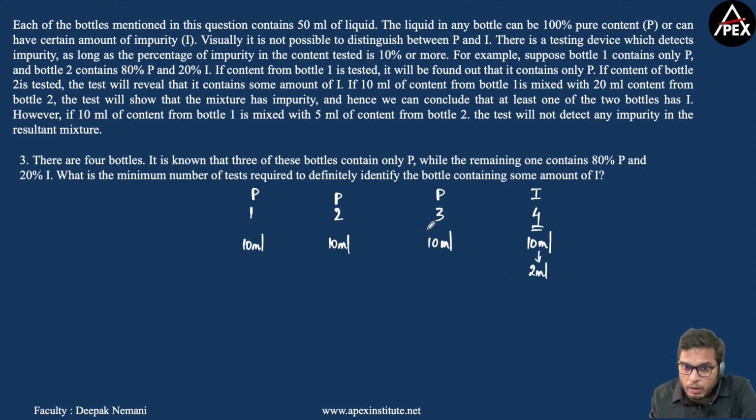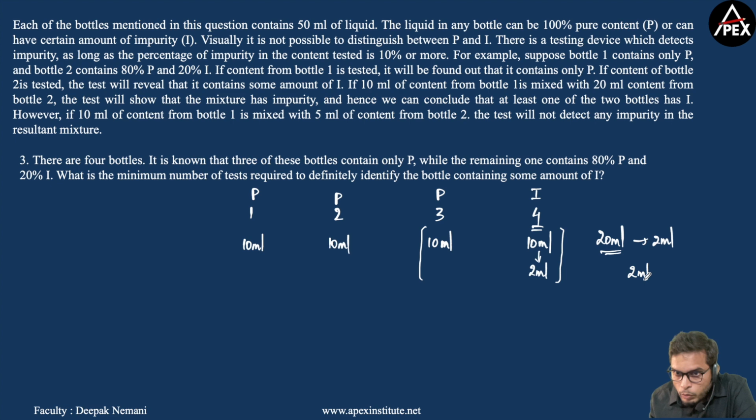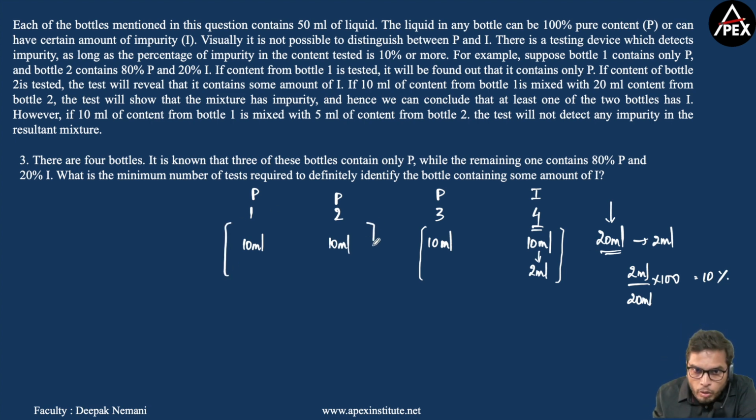Now if I mix these 2 liquids to form a resultant liquid of 20 ml, you will have 2 ml impurities in these 20 ml of resultant liquid, and the percentage of impurities will be 2 ml by 20 ml into 100, which is 10%. Now if this 20 ml resultant liquid is tested for impurities, the test will be positive.